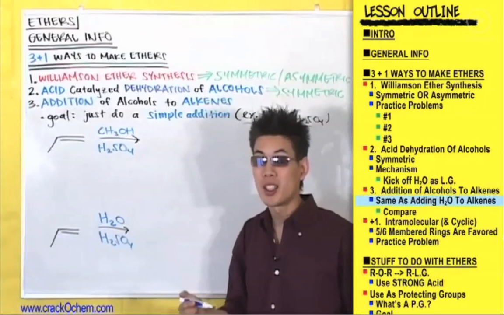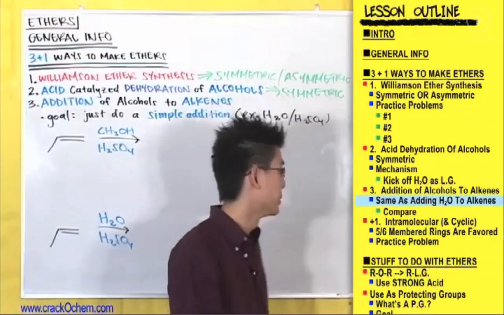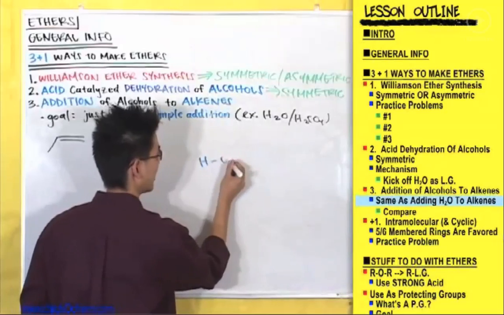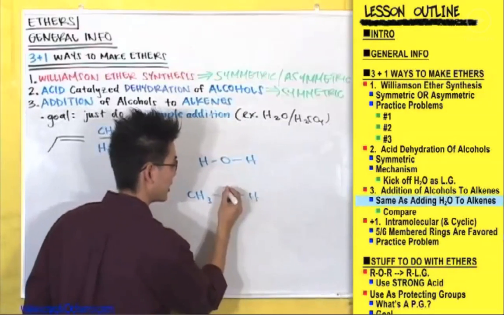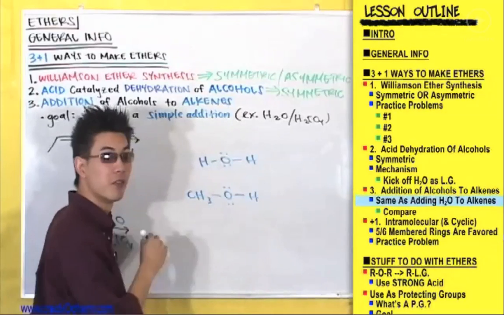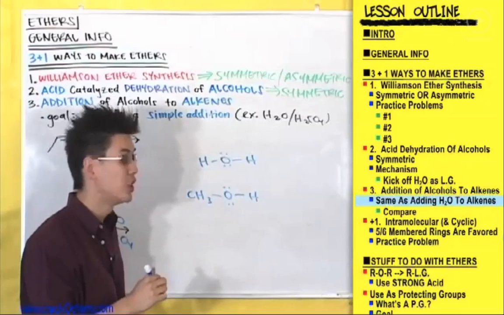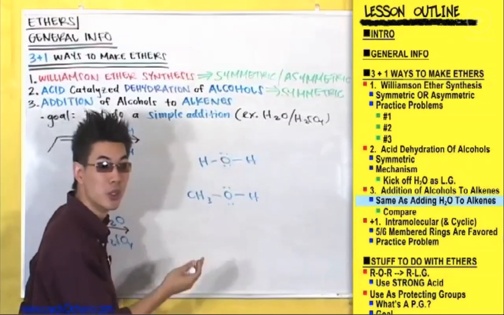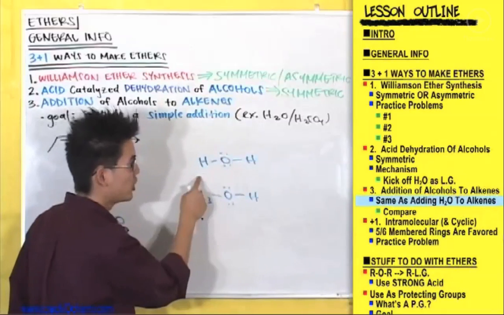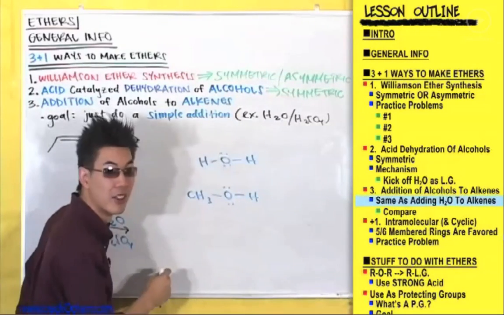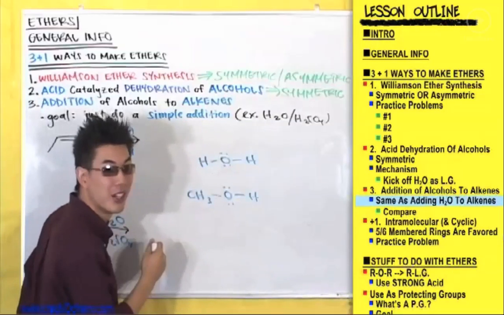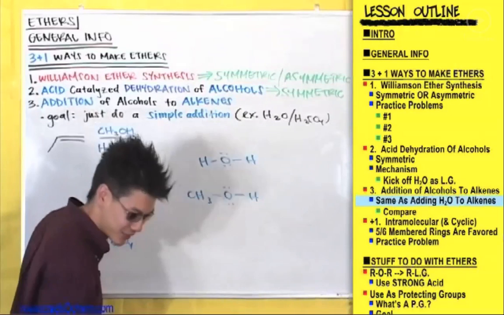But remember, water and alcohol are very, very similar. Water looks like this. Alcohol looks like this. These have very similar properties to each other. They're almost identical. The only difference is that water has a hydrogen on both sides and an alcohol has a hydrogen on one side and an alkyl group on the other. But they should look very, very similar to you guys.